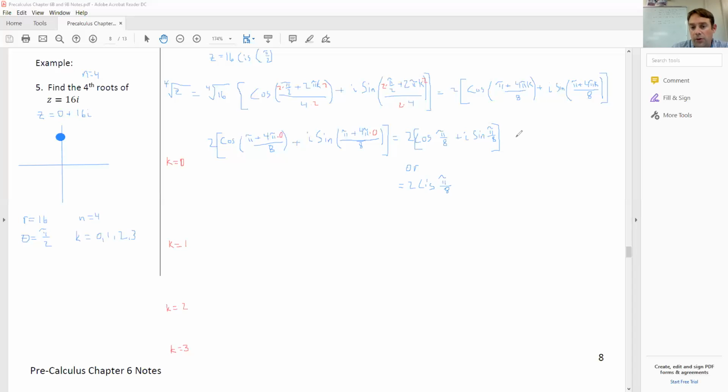So if I would have taken this further, which I don't recommend, this would have been 2 times cosine of pi divided by 8, which is 1.8476, plus 0.7654i.